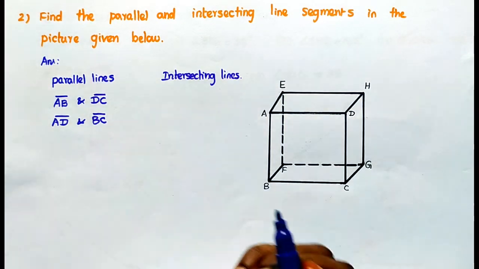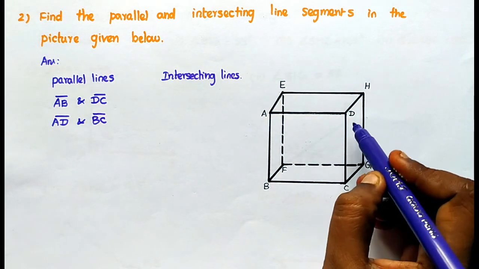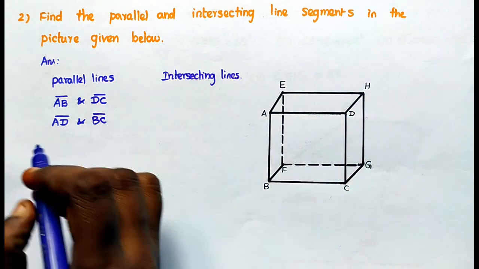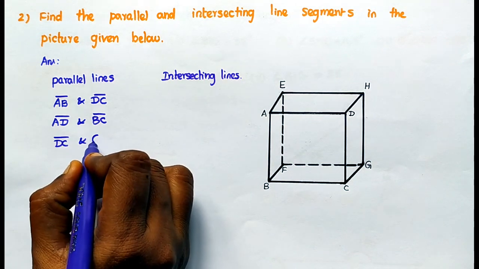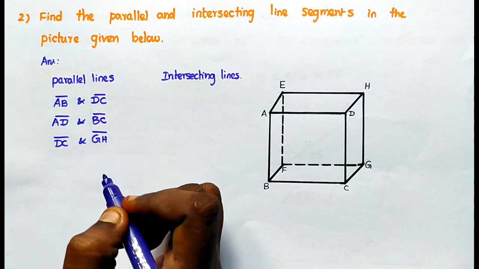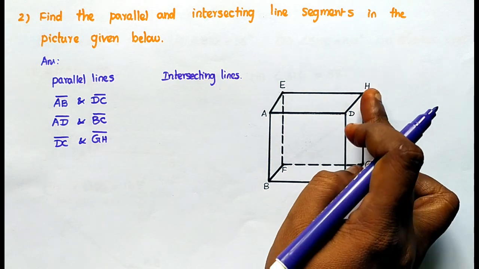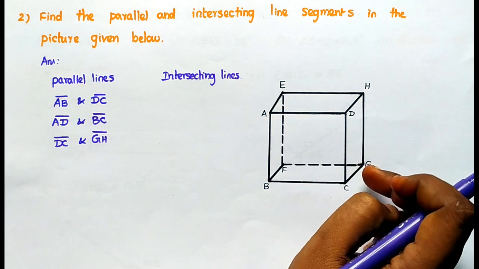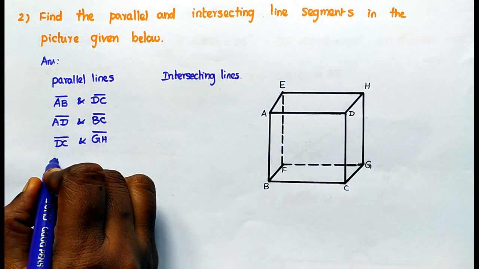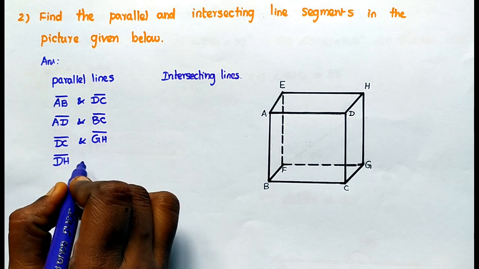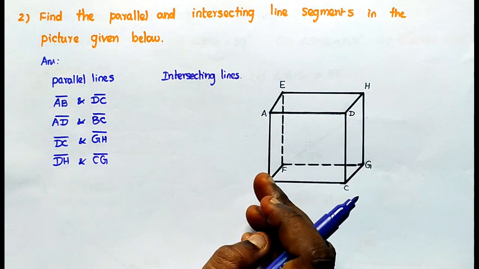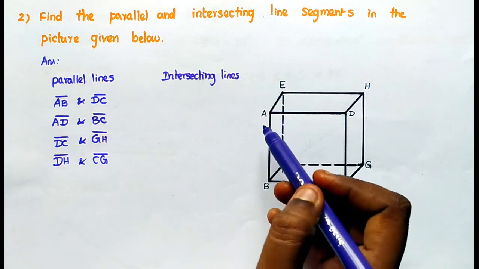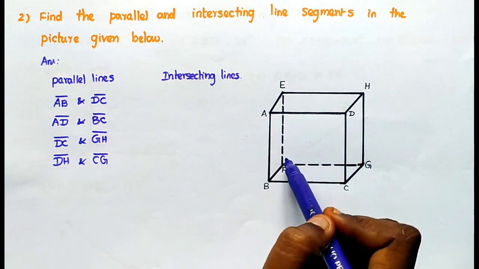Next one, this side, DC and GH, and DH and CG. Next, this side, AB and EF.